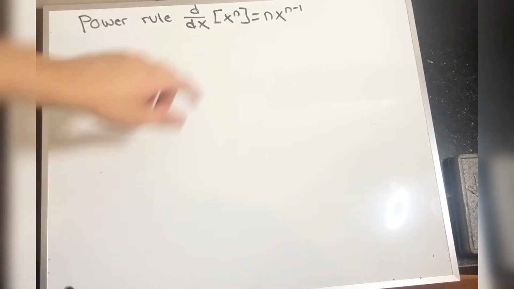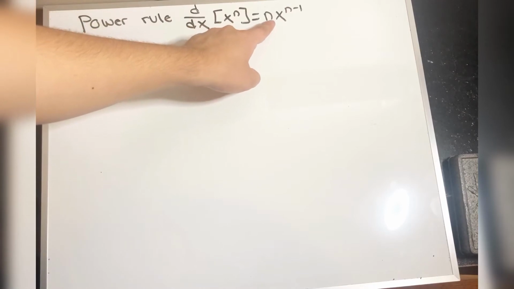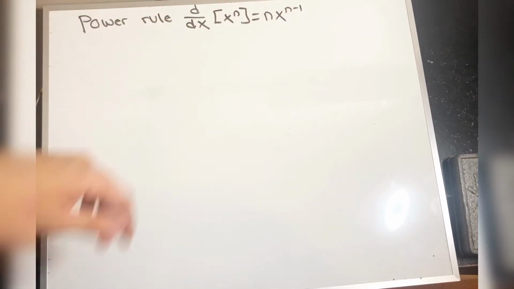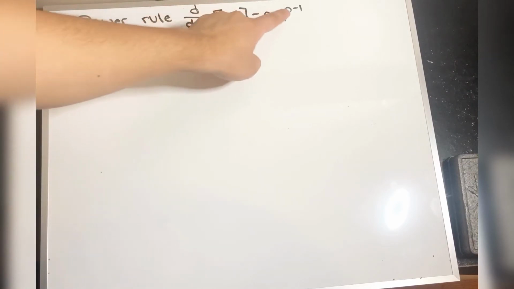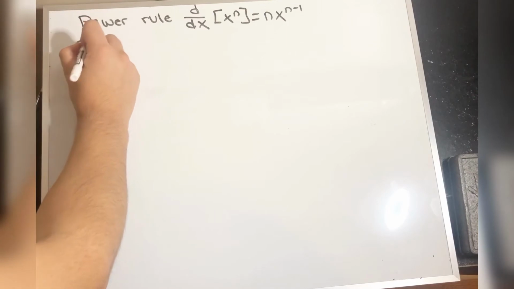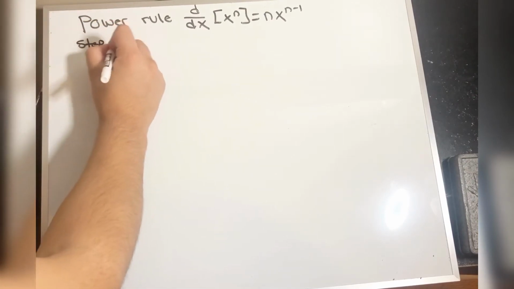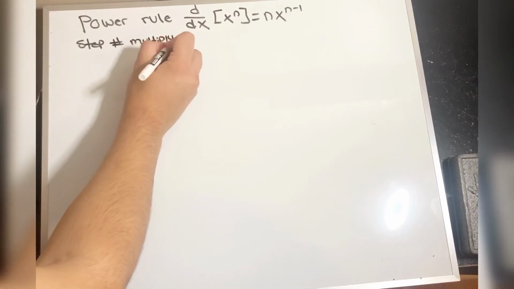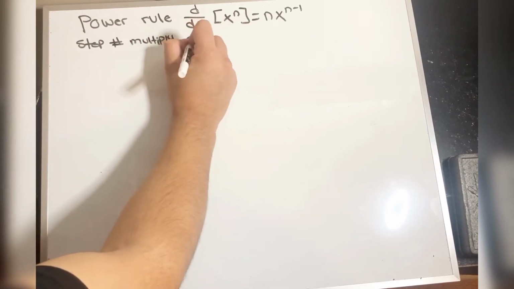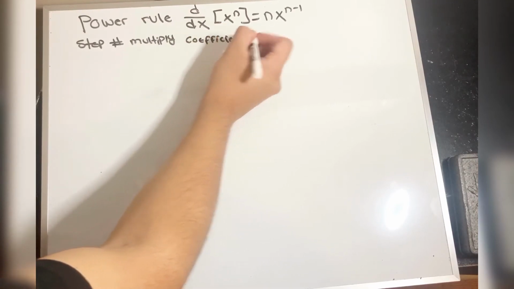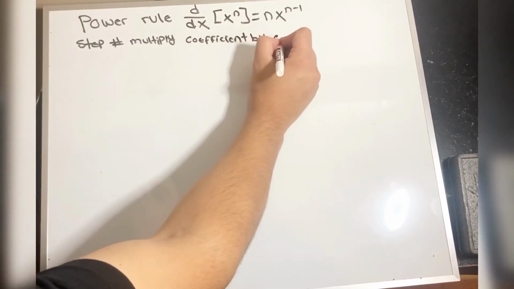What we can do is we have the coefficient, right? And then we have the exponent. So whenever you have an exponent, step one is you're going to multiply the coefficient by the exponent.